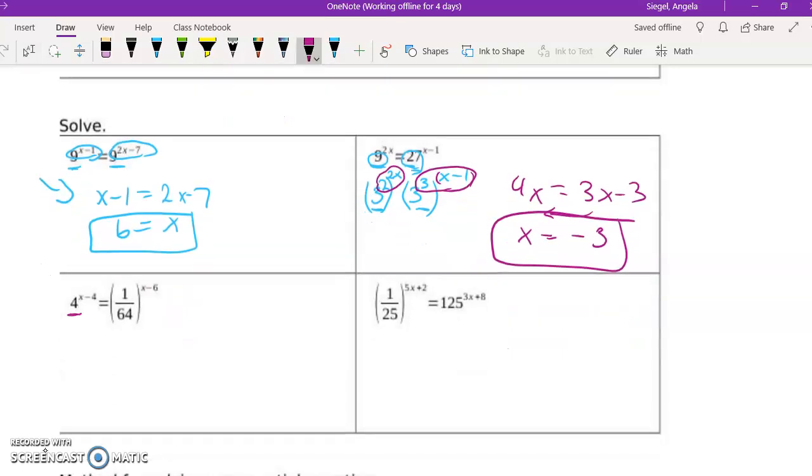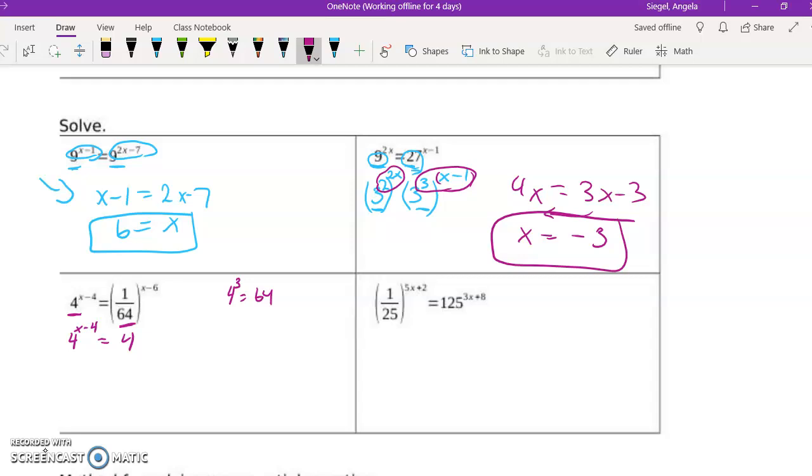So on these two, you can do a couple of different things on this one. So you could change this to a 2 if you wanted to, but I'm just going to keep this as a 4 because 4 to the 3rd power is 64. So I can use 4 as my shared base and do different things with that. Okay, so on this side, I didn't do anything, so I'm just going to leave it alone.